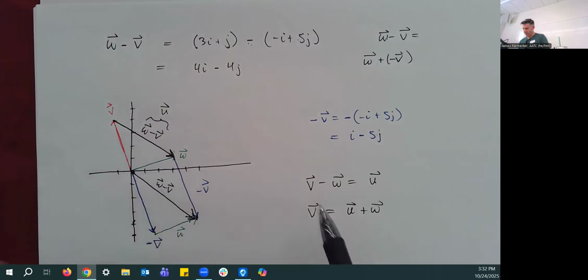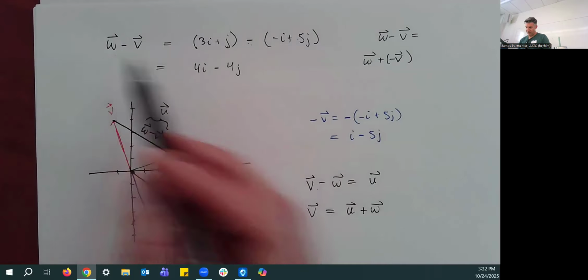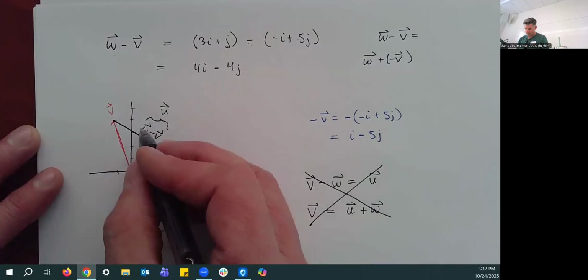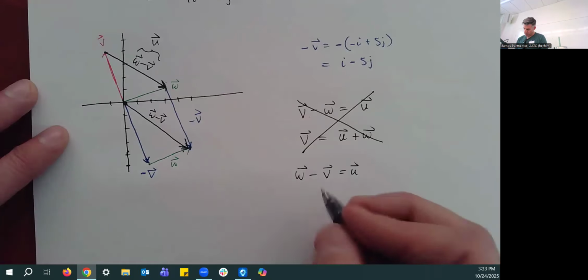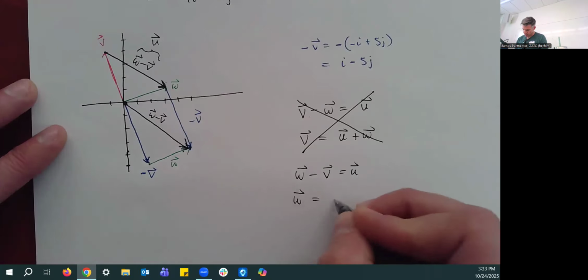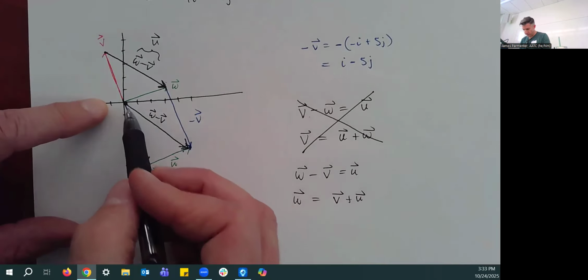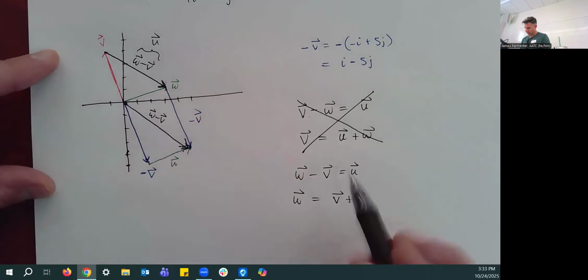Sorry, I wrote V minus W, and that's not what I have. I have W minus V, not V minus W. Apologies. Let's try that one more time. If we say that W minus V is equal to U, and then we isolate W, W is equal to V plus U, which is certainly what we've got, because we first do V and then do U, V plus U ends up giving us W, exactly as it should over here.